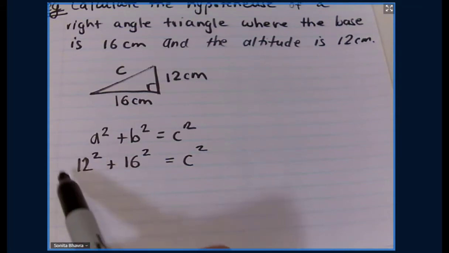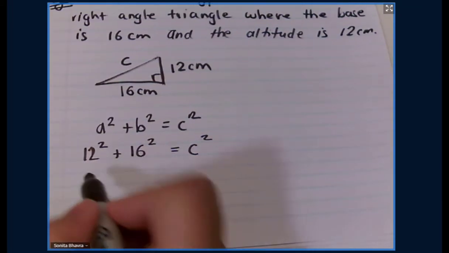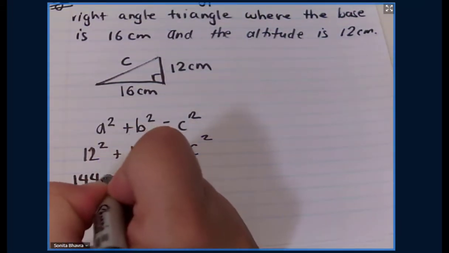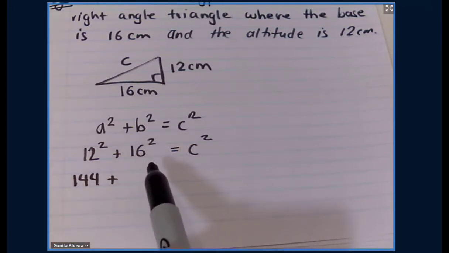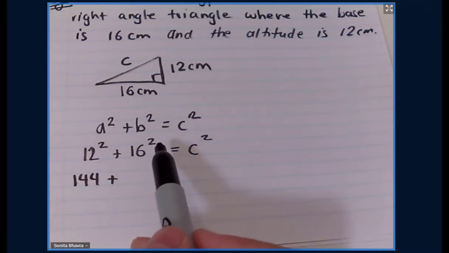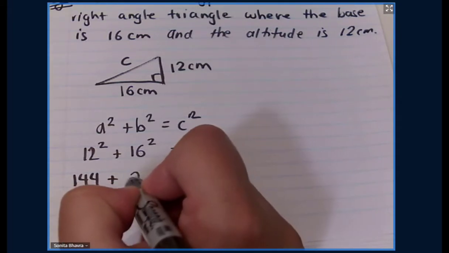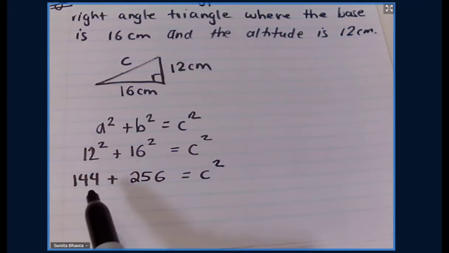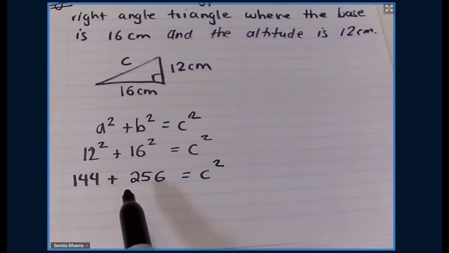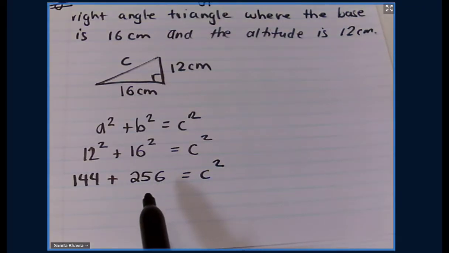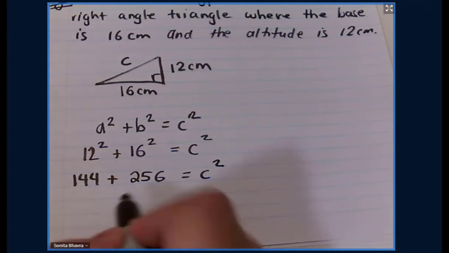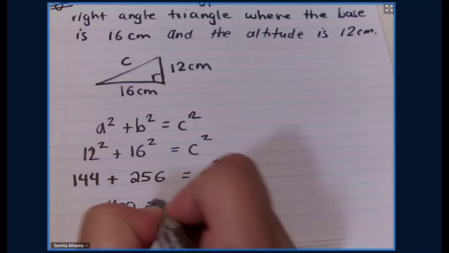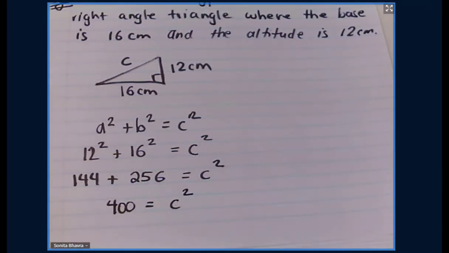Okay, 12 squared, which is 12 times 12, that is 144. 16 squared, so 16 times 16, that is 256, and it's going to equal c squared. When we add 144 plus 256, we get 400. So now what we have is that 400 is equal to c squared.